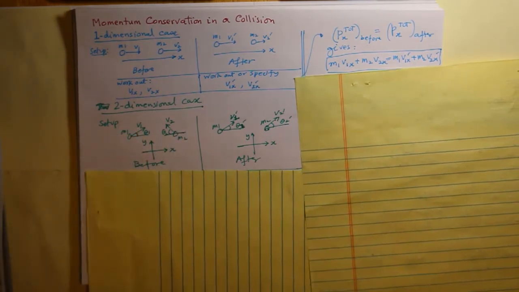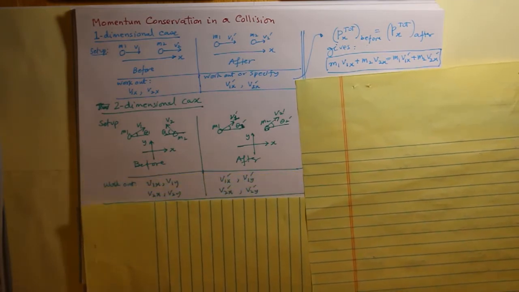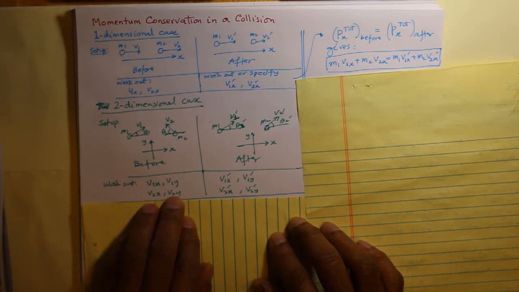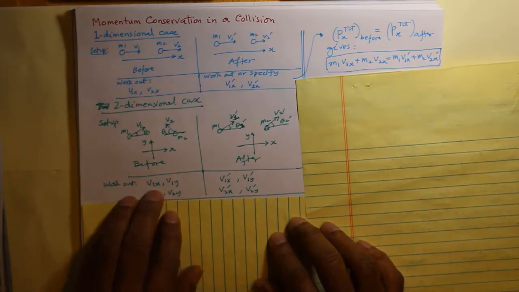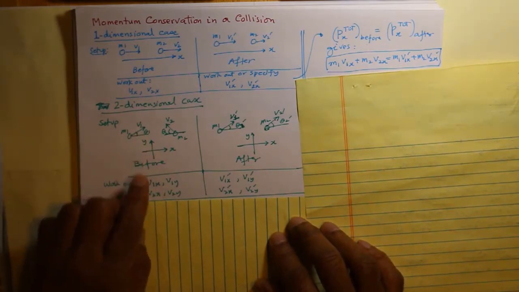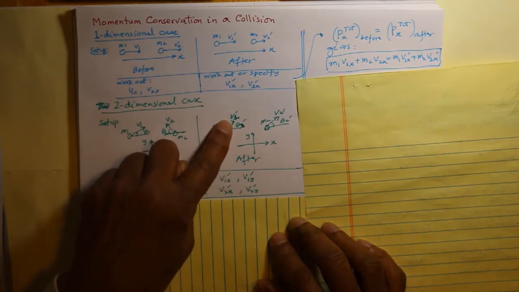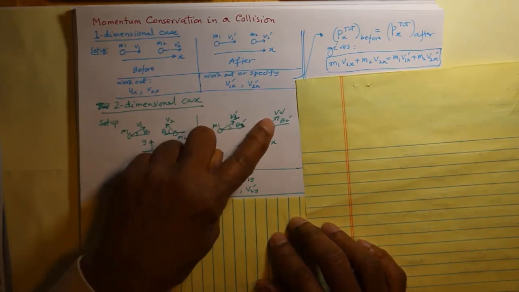So once you have that, you have to work out what the components are. So we go to the velocity v1, get the x component and y component. v2, similarly work out the x and y components. Similarly work out x and y for this one and x and y for this one.